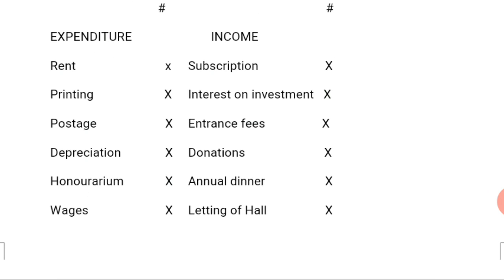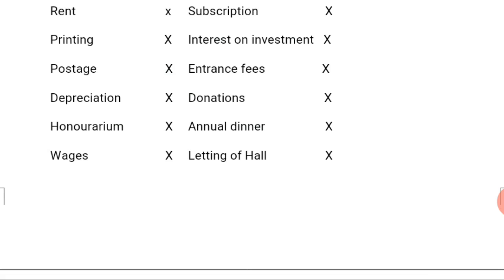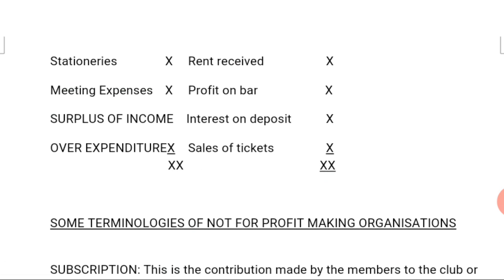While on the credit side, which is the income side of the income and expenditure account, we have subscription, interest on investments, entrance fees, donations, annual dinner, letting of hall, items such as rent received, profit on bar, interest on deposits, and income from sales of tickets.